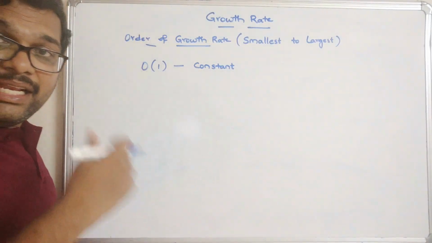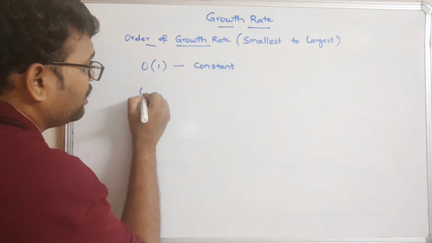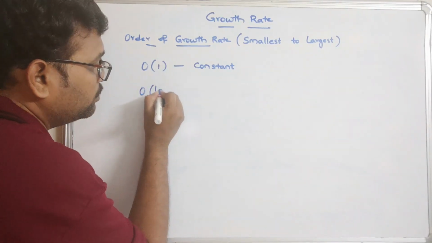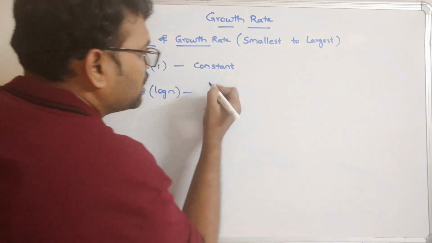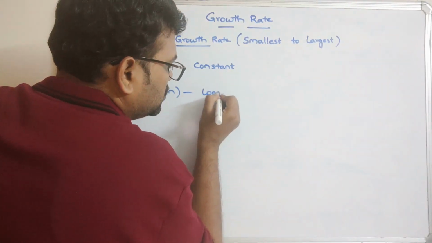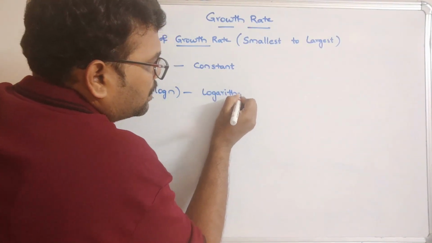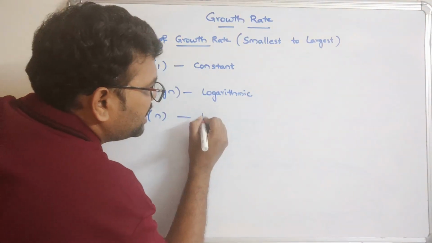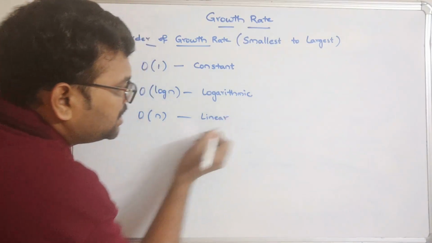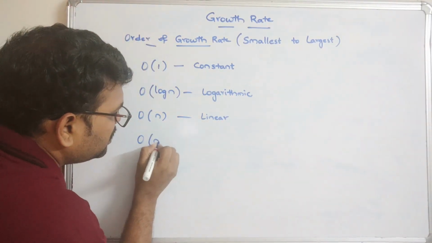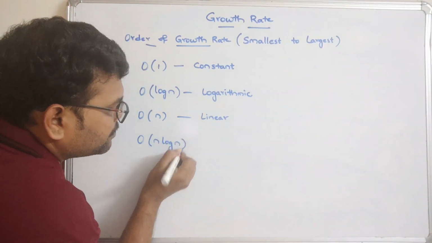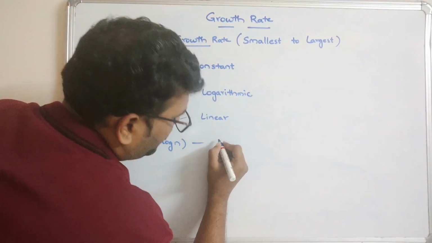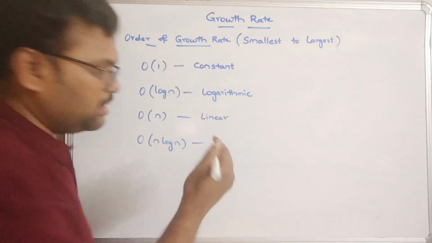And in the next level we will have one more, which is log n, which is logarithmic. The next one is order of n, which is linear. Next is n log n, which we can call linearithmic.